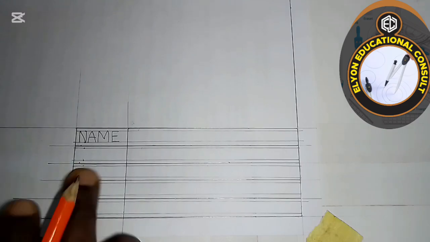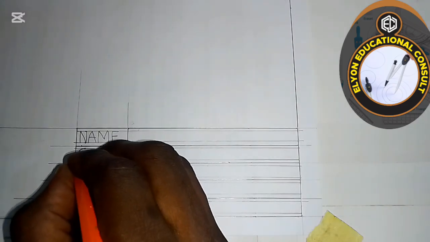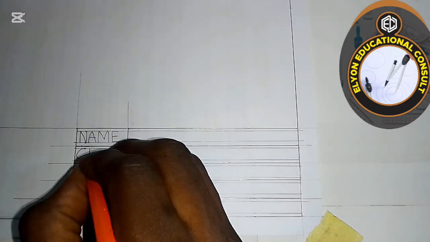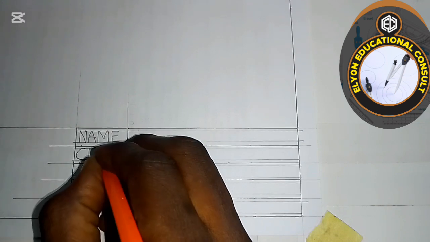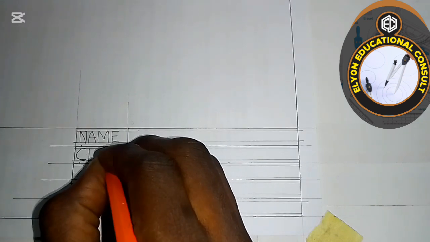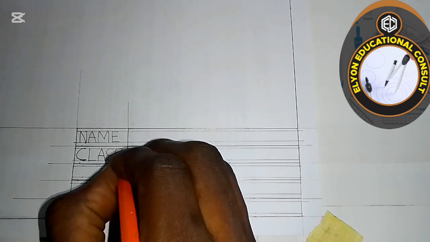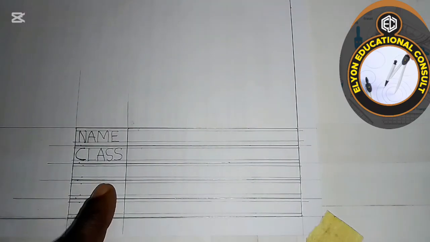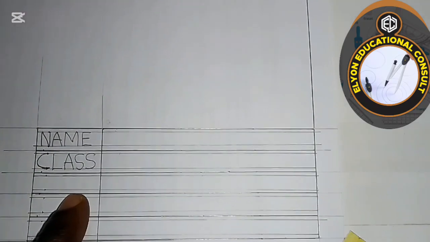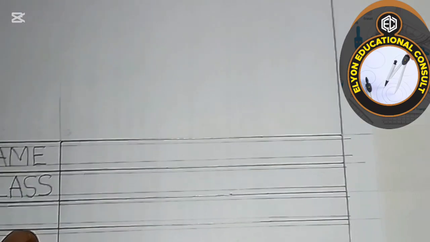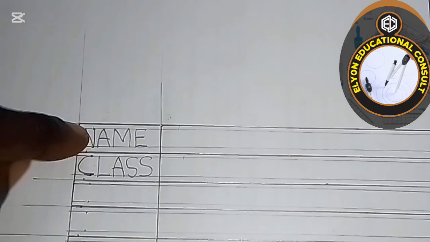Then the next thing, you can put in your class. You can see it must touch the edge of the construction line.